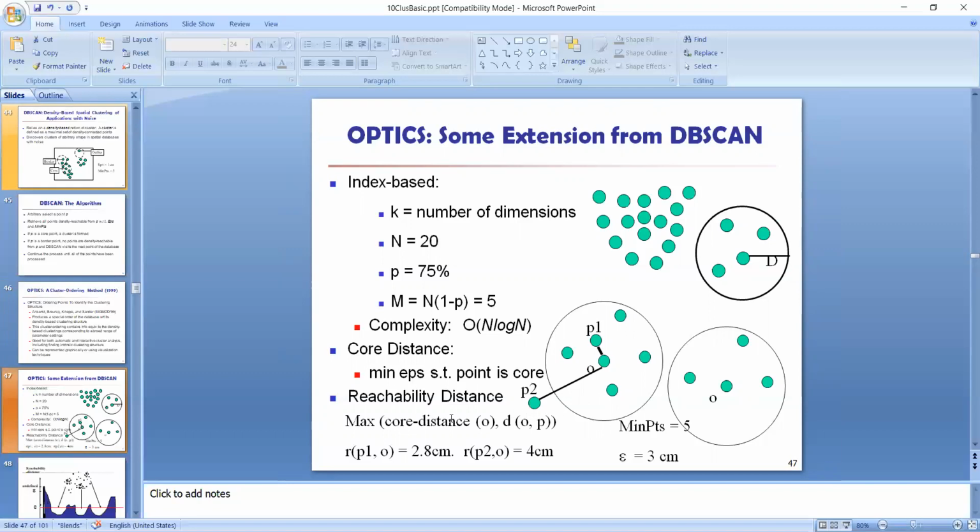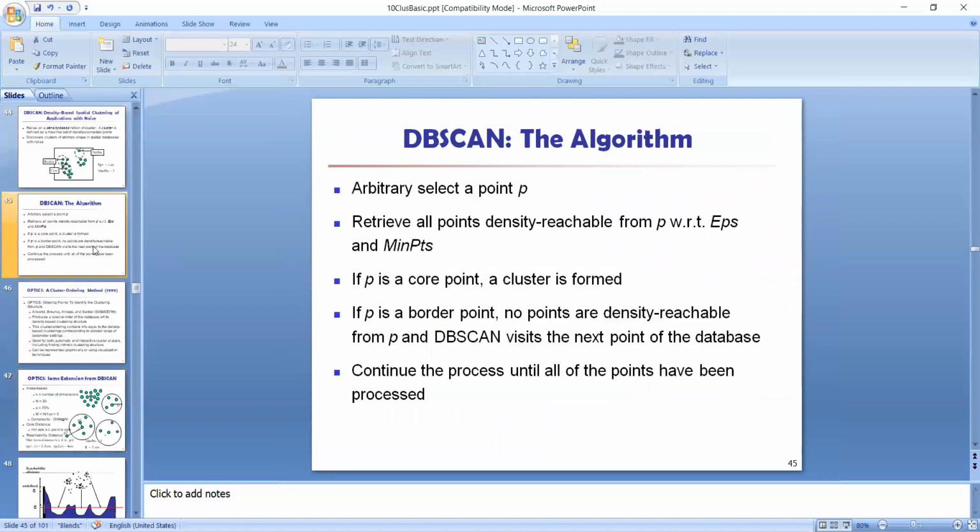For example, if this is the point O, this is the core distance and this is the actual distance between the two points. If the actual distance is the maximum, then that is the reachability distance.